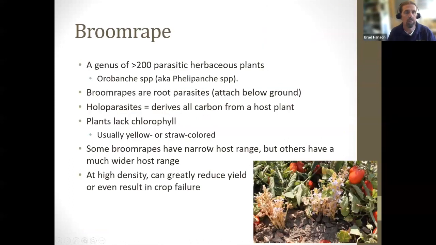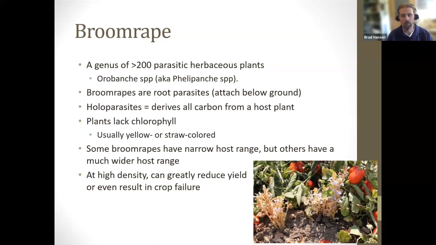So just by way of introduction, branched broomrapes, more broadly, are a couple of different genera, the Orobanche and the Phelipanche, that are parasitic plants. They're plants that are parasites of other plants. These are interesting in that they are root parasites, so they attach to the root of the host plant.